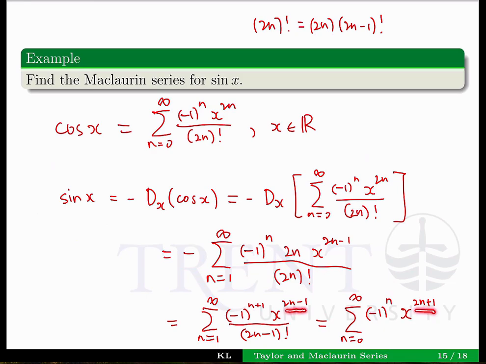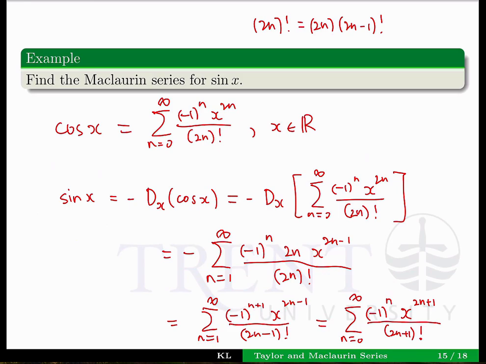When n equals 2, this is 5. And of course, the denominator, the power here, is the same as this one. 2n plus 1 factorial. Okay?